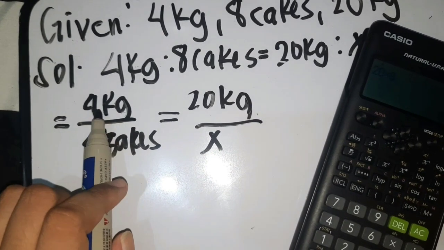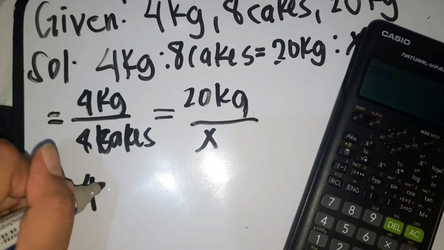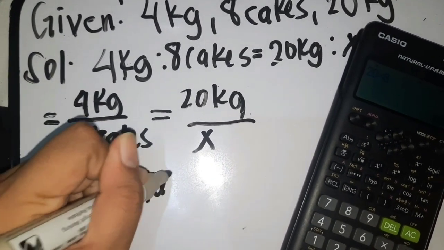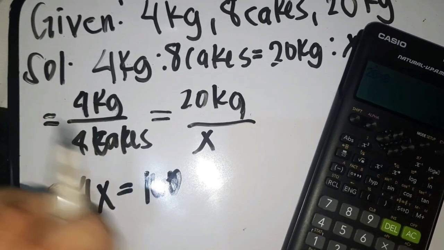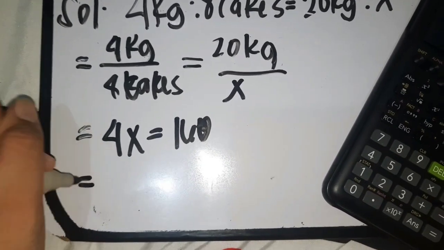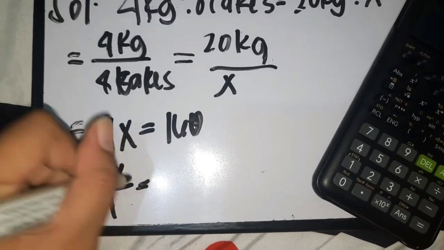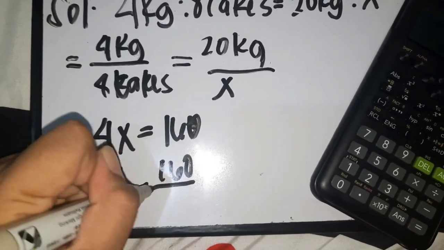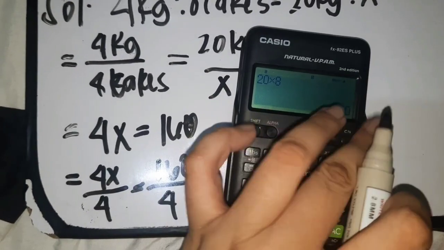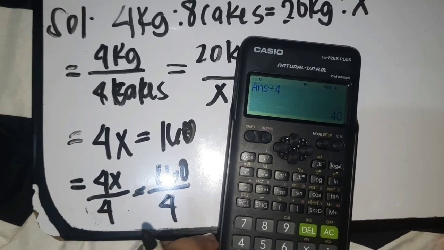Then this, 4 times x. Now we divide them. 4x divided by 4, 160 divided by 4, so 40.